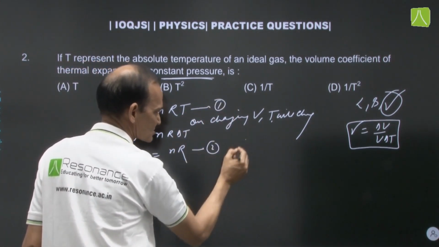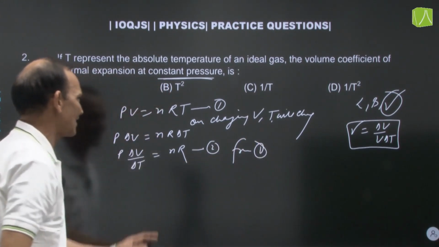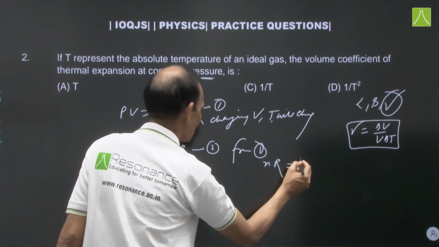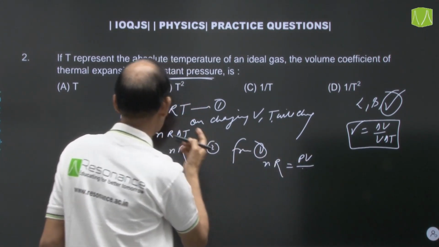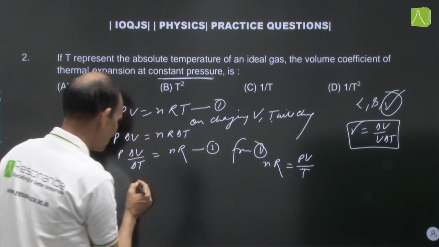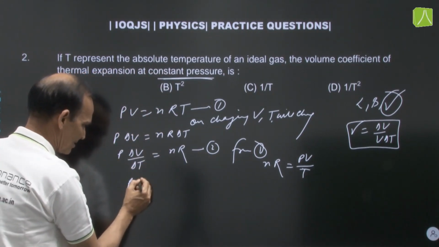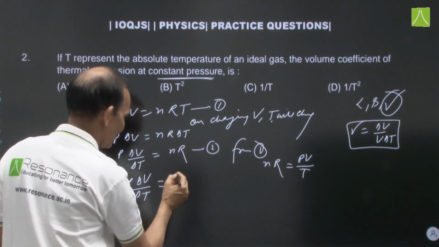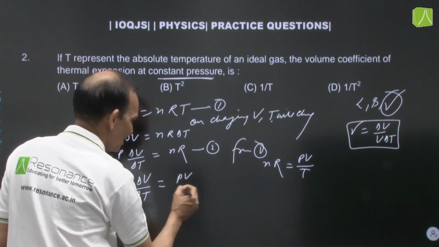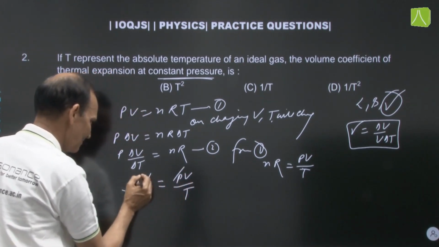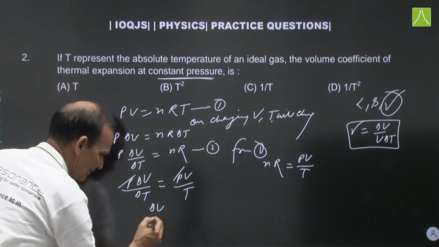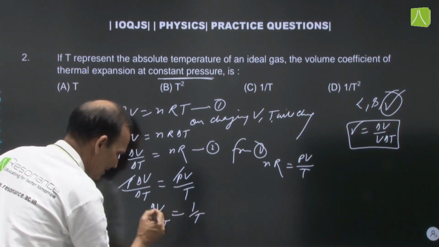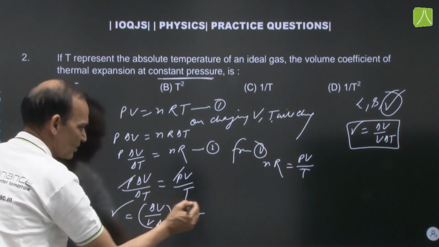It is first, it is second. Now see, from the first we can easily find the value of nR. From the first, the value of nR will be PV by T. Put here: gamma, P delta V divided by delta T is equal to PV upon T. P cancels, and delta V by V into delta T equals 1 upon T. It is gamma, the required answer.